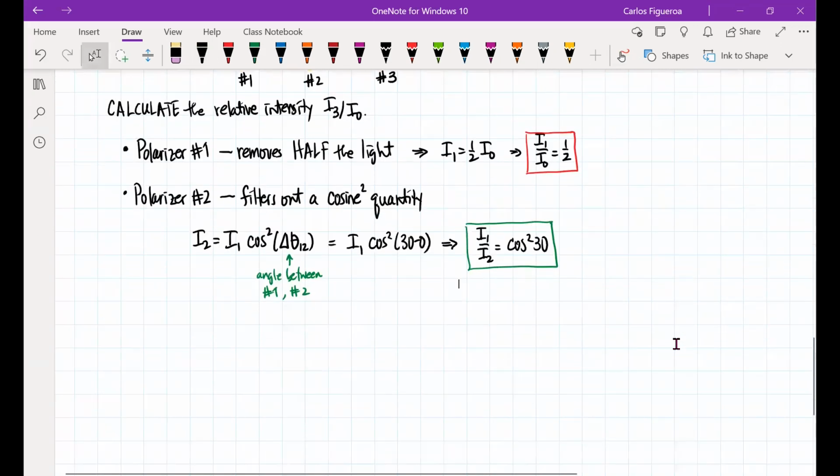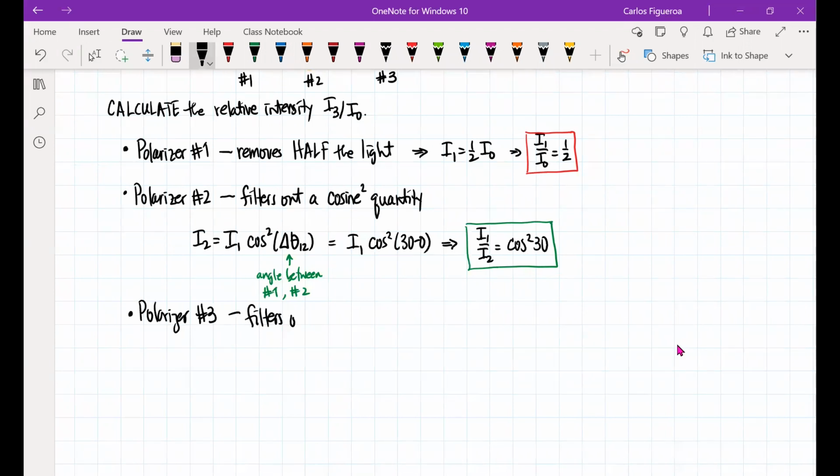Now we get to the third filter, and this is again following the same process as before. This again filters out a cosine squared quantity. You know, that's a misleading word.